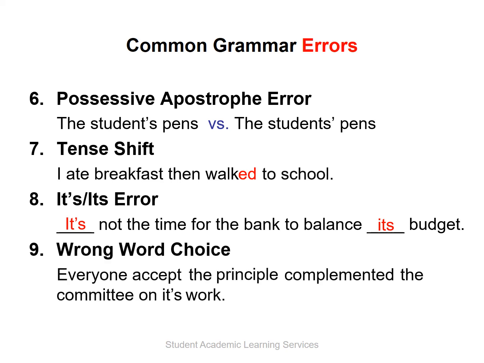Wrong word choice. In this sentence, there are some words that are not correct. If you read it, everyone except the principal complimented the committee on its work. It sounds fine, but several of the words are incorrect.